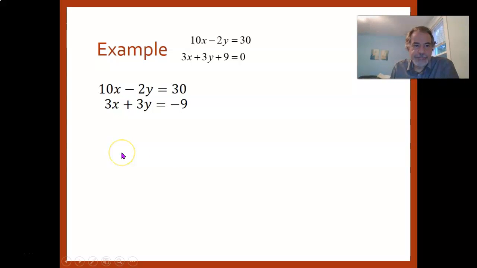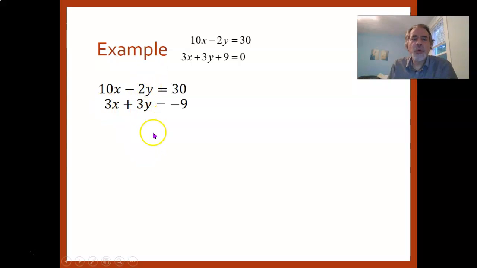Okay, now we've got to set things up so that the coefficients on either the x's or the y's are opposites. Same number, same absolute value, but one of them has to be positive and one of them has to be negative. We could do it with either the x's or the y's.